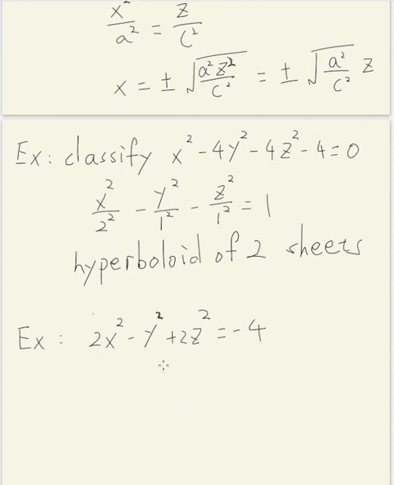It's the same thing. If we divide everything by negative 4, we get minus x squared divided by 2 plus y squared divided by 4, then minus z squared divided by 2. And once again, this is a hyperboloid of 2 sheets.